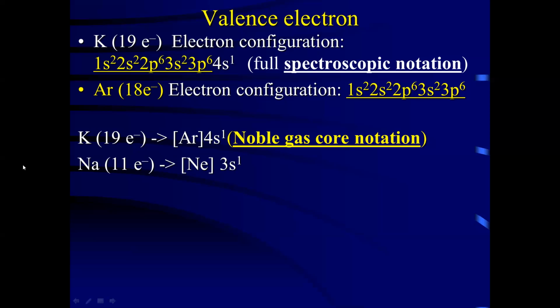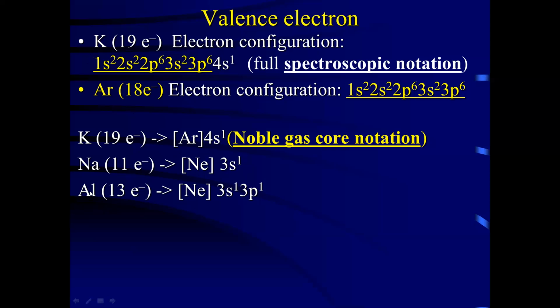Similarly, we can do others like sodium. You have 11 electrons, but neon has 10 electrons. So you can write down the first 10, that means this part, which is the electron configuration for neon, and then we add 1 more electron after this bracket.